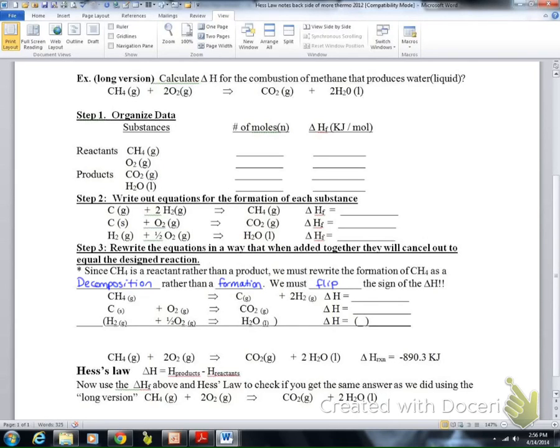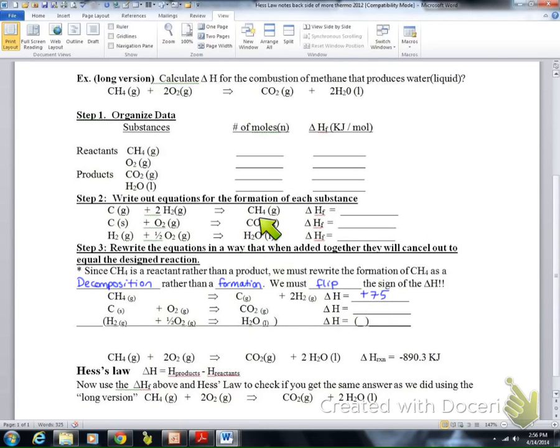So we must flip the equation. Hopefully you can see this top equation. All we did down here is switch it around. When that happens, we also have to change the sign of the change in H. So because the formation of CH4 was a negative 75, to decompose CH4 it would be a positive 75.